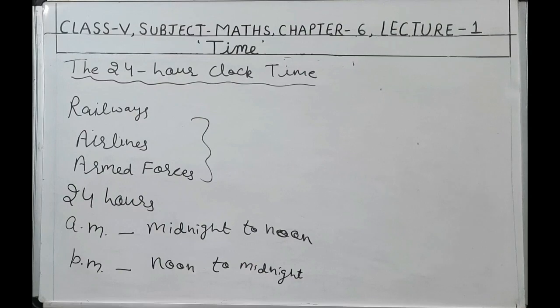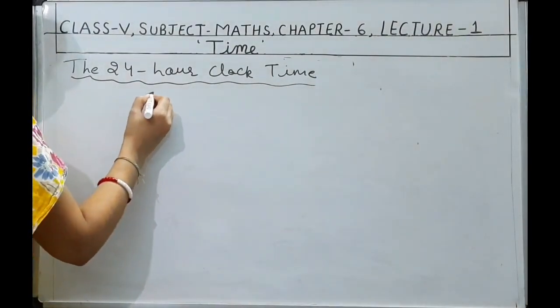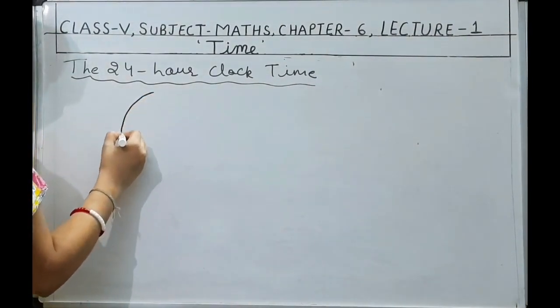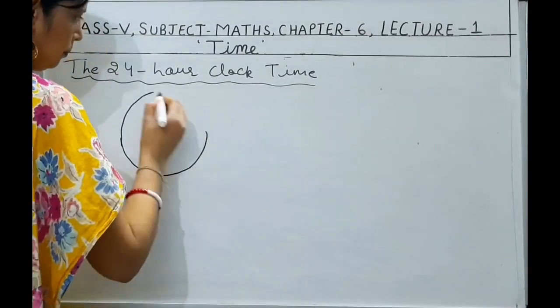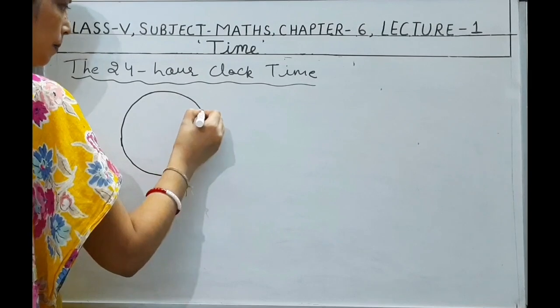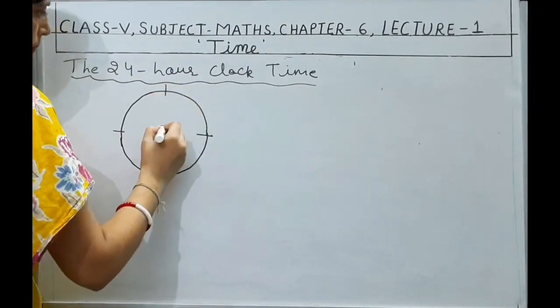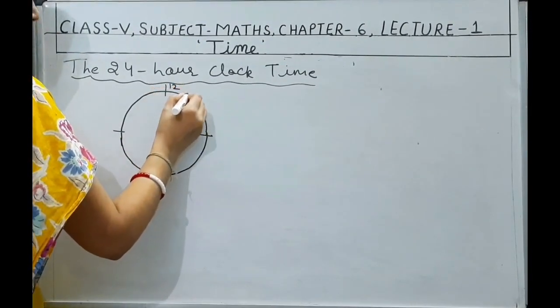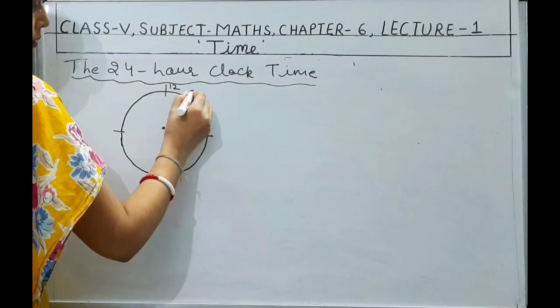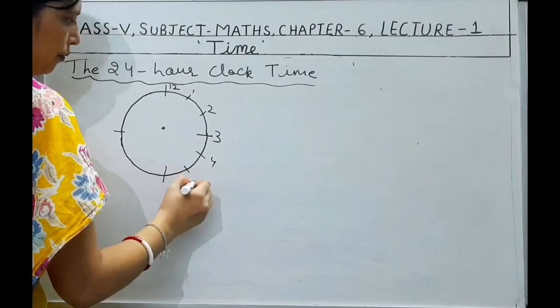Now let's understand by drawing a clock. See, 24-hour clock time. First of all, we will draw the clock here. Twelve, 1, 2, 3, 4, 5.